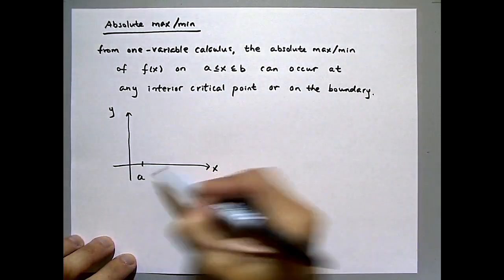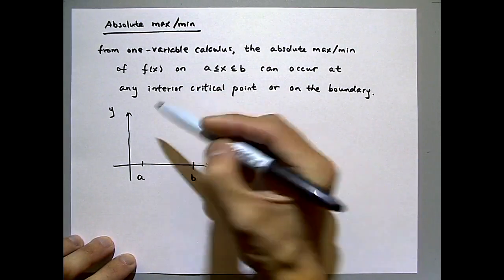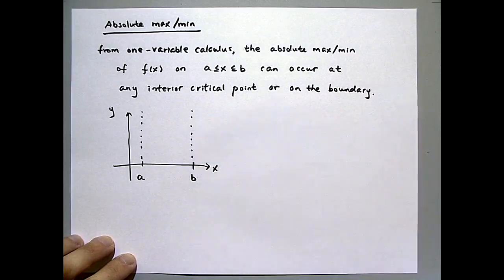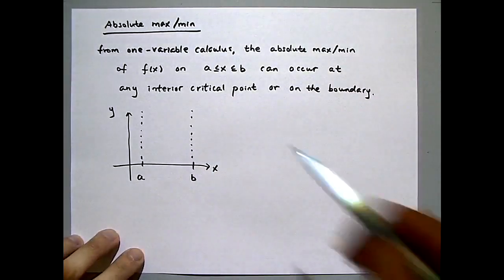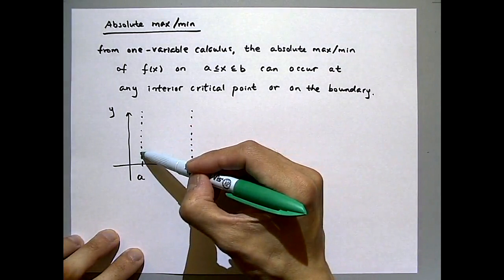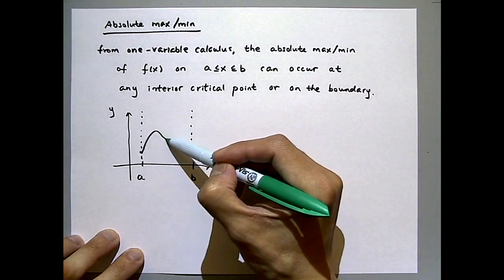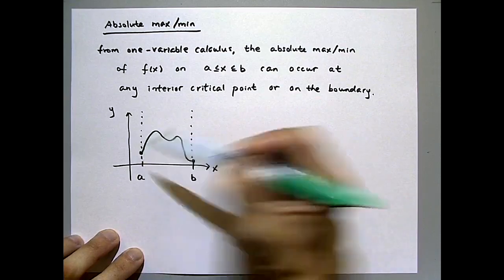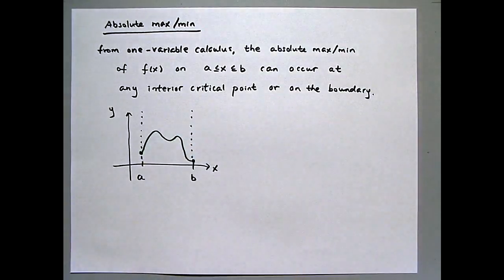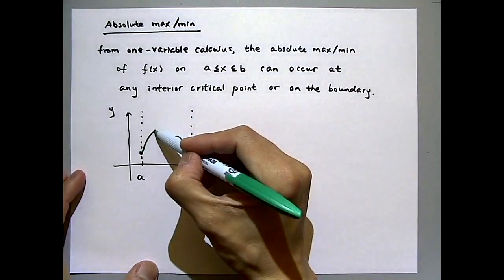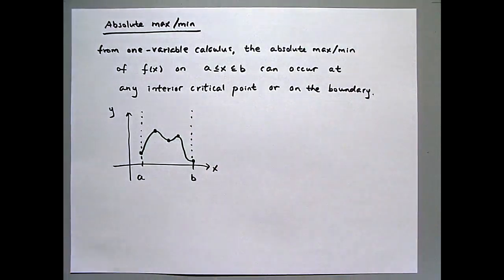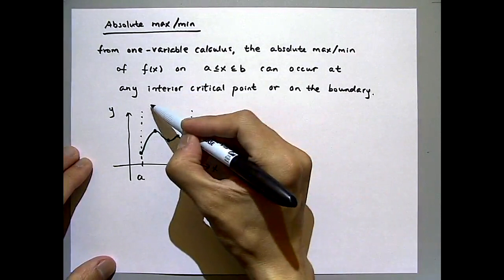Suppose this is A and this is B. So we only care about what's going on between A and B. And you got some kind of curve that looks something like that, for example. We have three interior critical points.